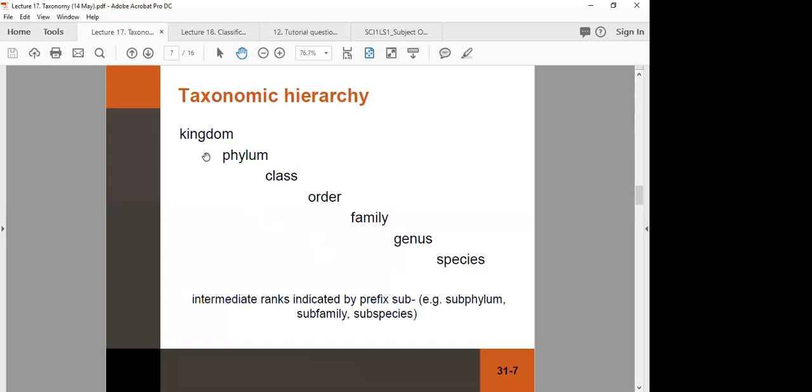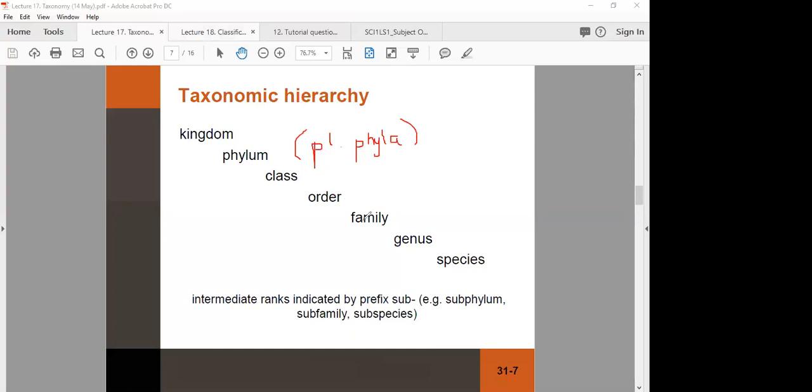So let's just have a look at some of these terms. Phylum, so that's the singular. Where's my pencil? So plural would be phyla. There we go.